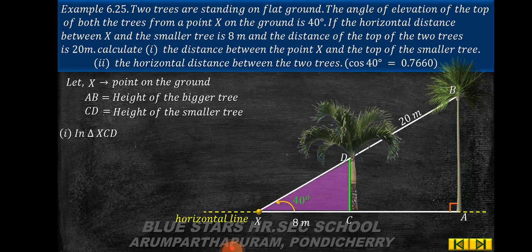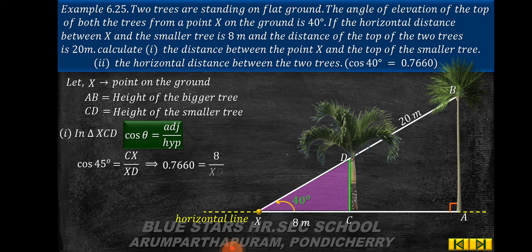First subdivision: in triangle XCD, cos theta is equal to adjacent by hypotenuse, that is cos 40 degree is equal to adjacent side CX by XD, which implies the cos 40 degree value is 0.7660, which is equal to CX, which is 8, divided by XD.